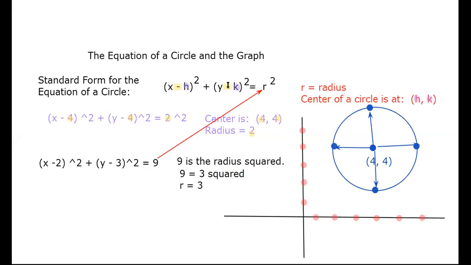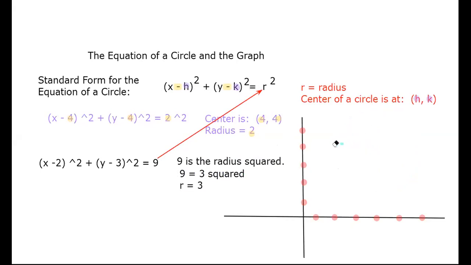So we were going to graph this one. We would go to our center point and make a dot. So the center is at (h, k). See if you can figure out the center. Figure out the h and the k. The center is at positive 2, positive 3.